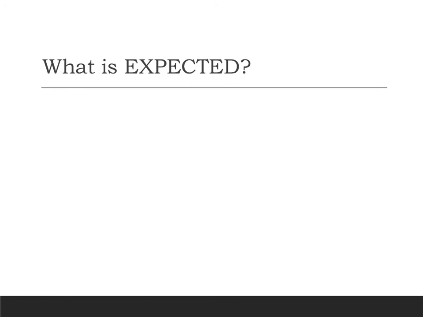So I mentioned on the ESOLIN's page that this idea of expected value, what's expected to happen, is really just a contextualized version of the mean. So whenever we see expected value, that's simply the mean outcome.